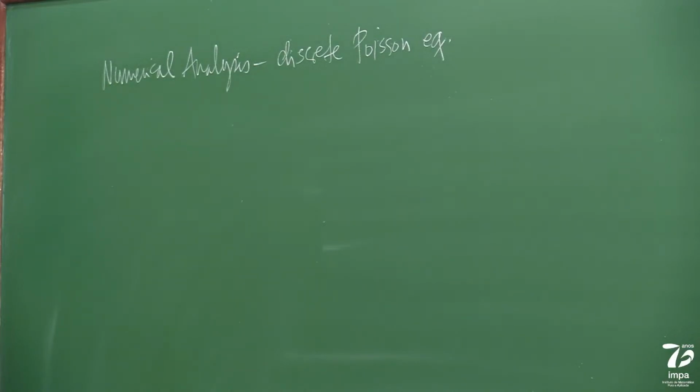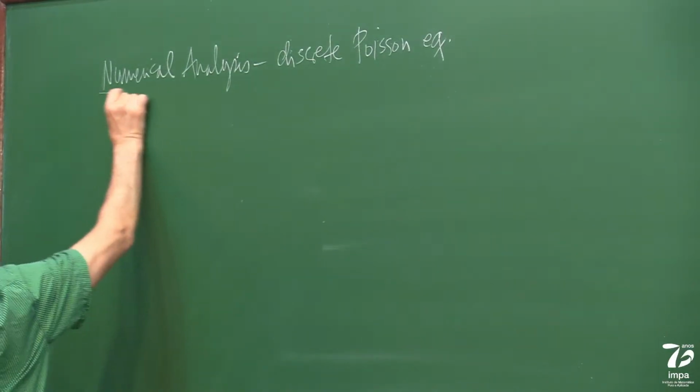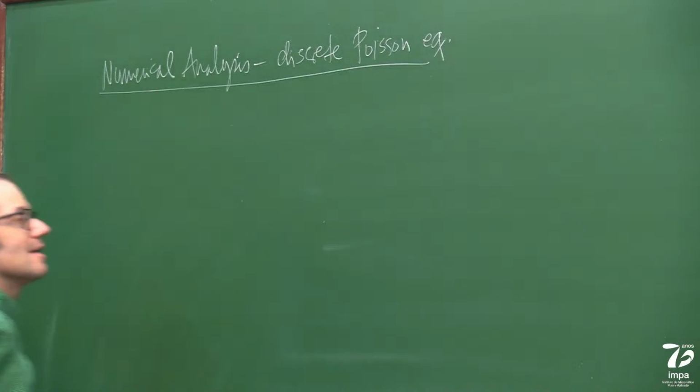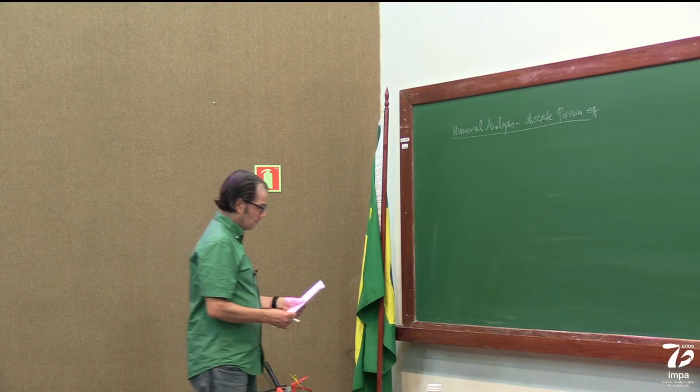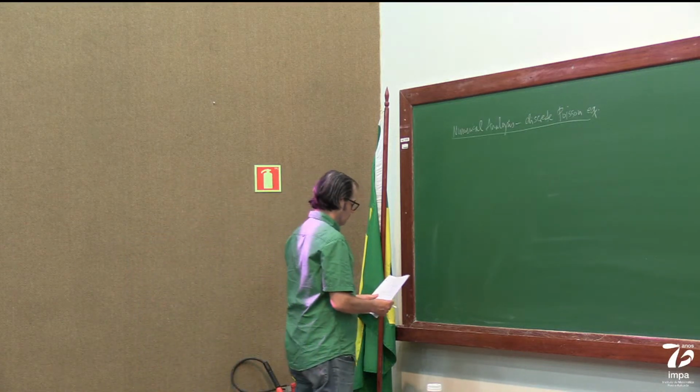We outlined at the end of last class what we were going to see today. So let's recall where we were and do the analysis of the discrete Poisson equation using things similar to what we see in PDEs, which is subharmonic functions as an auxiliary function.